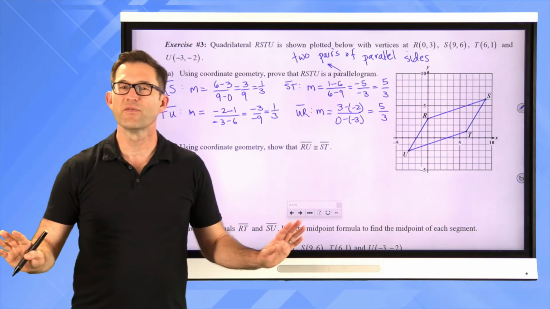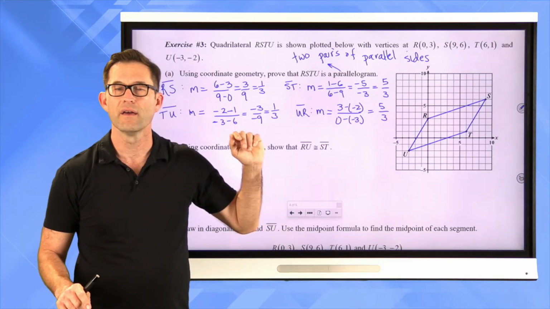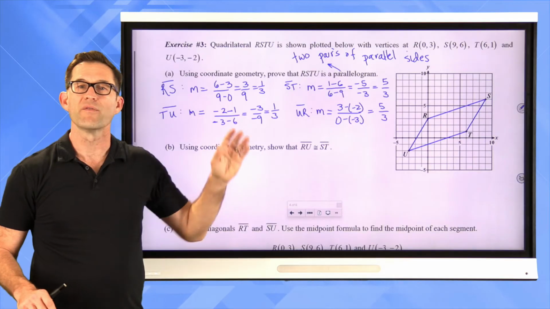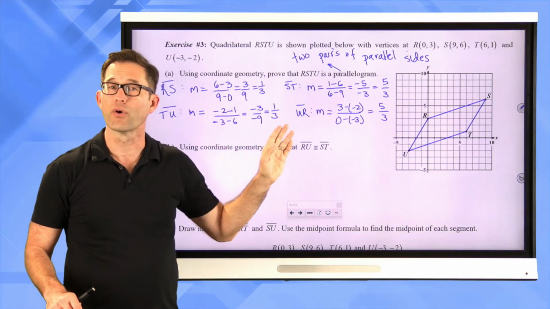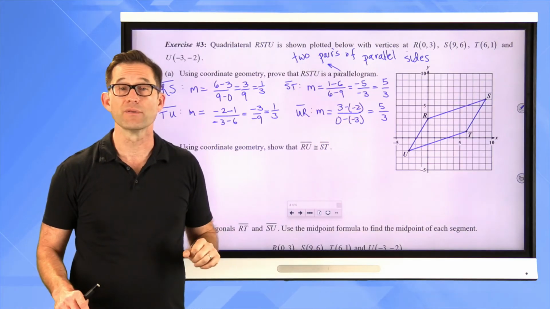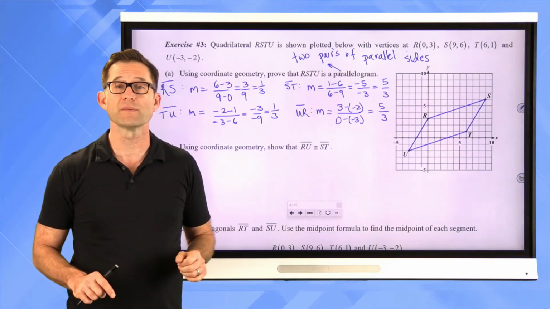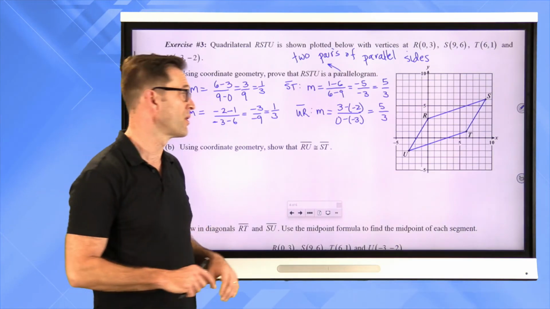Just before we move on and make some concluding statements in letter A, notice what we have. We've got two segments that have slopes of 1/3, so they must be parallel. We've got two segments with slopes of 5/3, so they have to be parallel. And therefore, we have a figure with two pairs of parallel sides, so it must be a parallelogram.